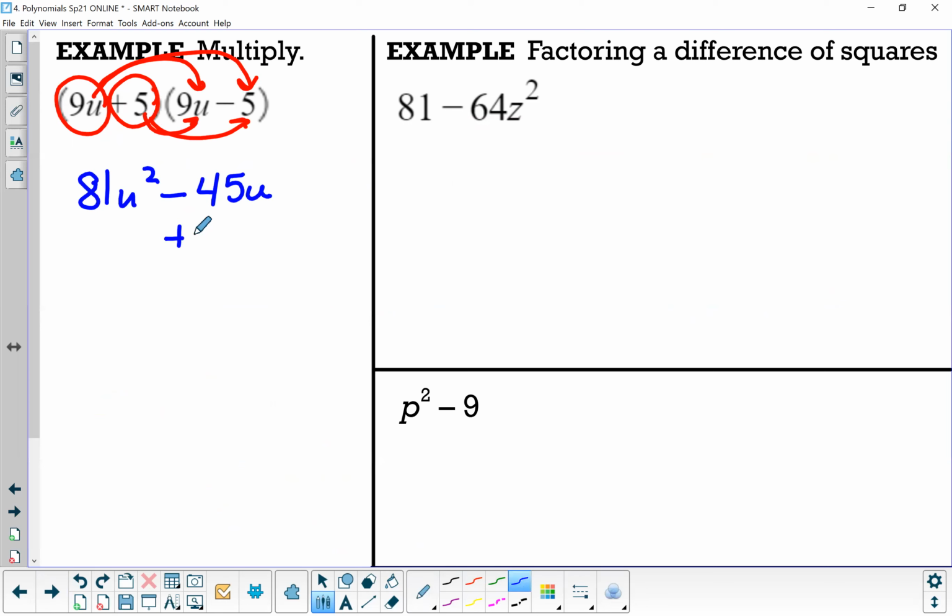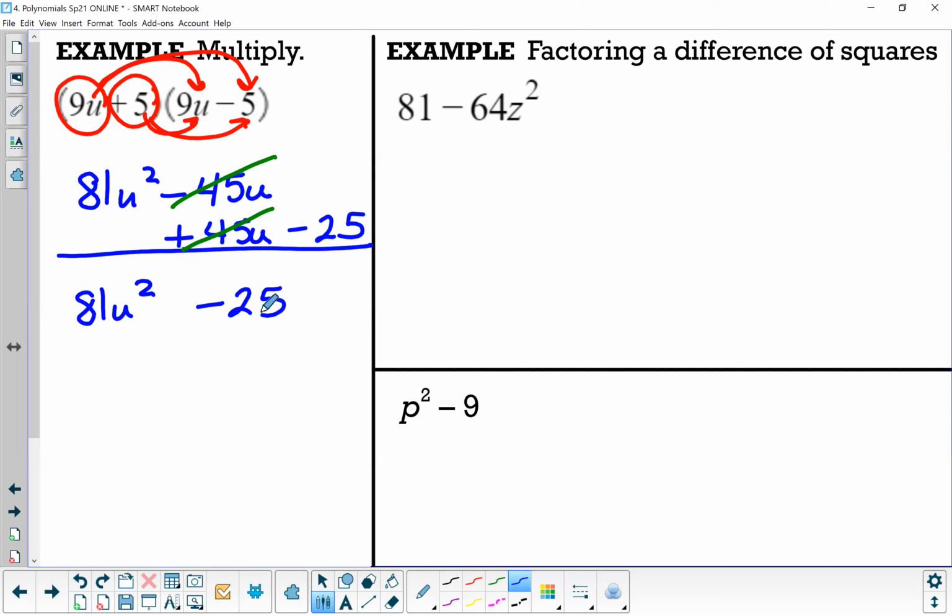So that gives us plus 45u minus 25. And then when you simplify this, the minus 45u and the plus 45u are eliminated. So we have 81u squared minus 25. Hence, when we multiply conjugates, we're left with what we called before a difference of squares.